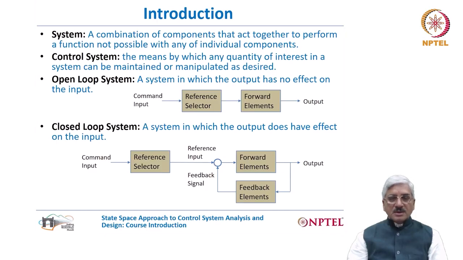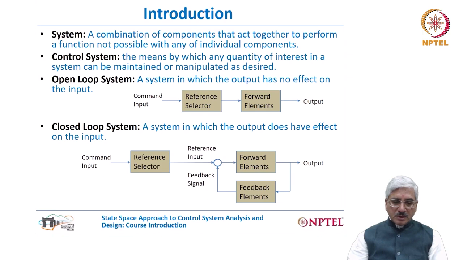A control system is generally associated with a system, that means by which any quantity of interest in a system can be maintained or manipulated in a desired manner. There are two types of control systems. One is called an open loop system. It is very simple.